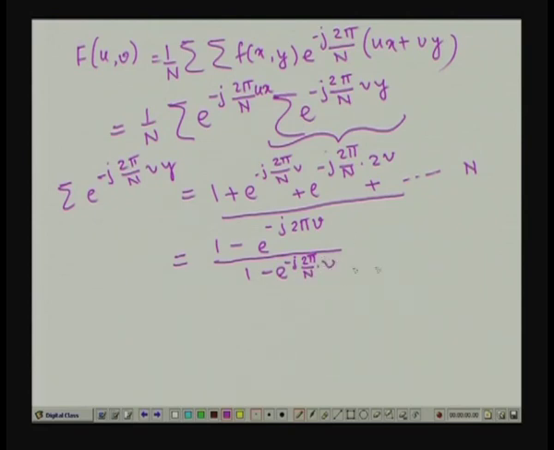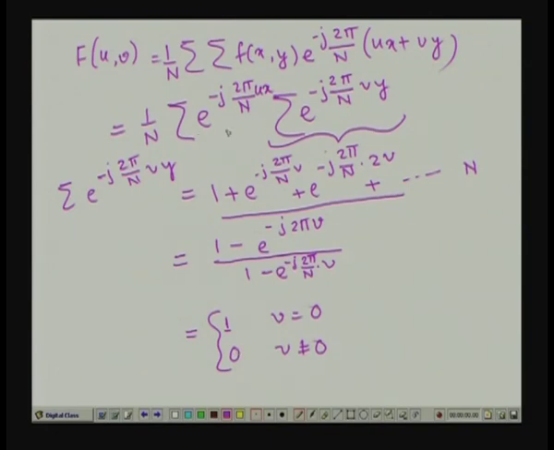And this particular term will be equal to 1 only when v equals 0, and it will be equal to 0 when v is non-zero. The same is the case for the other summation.